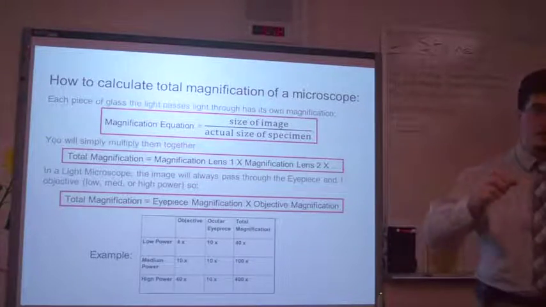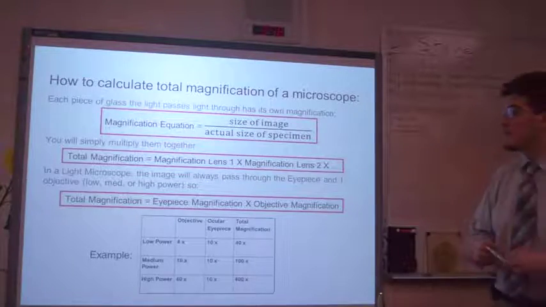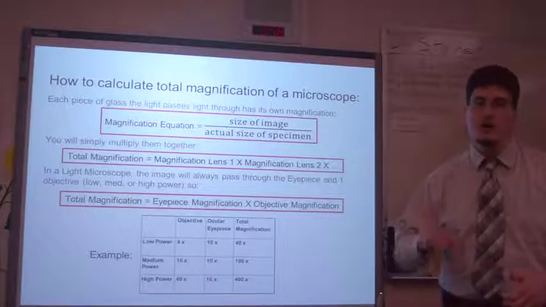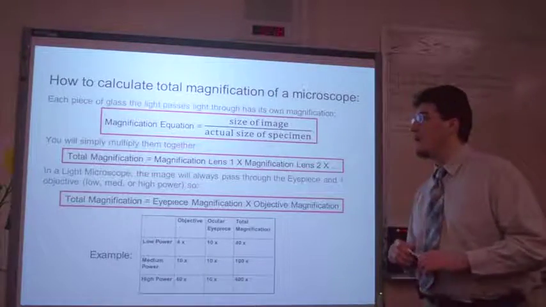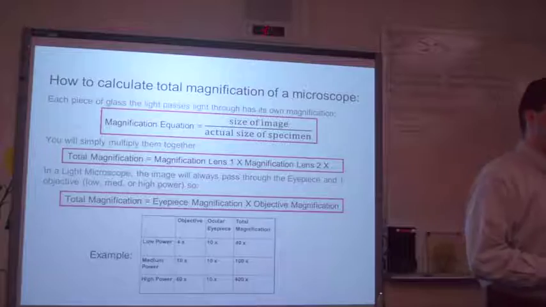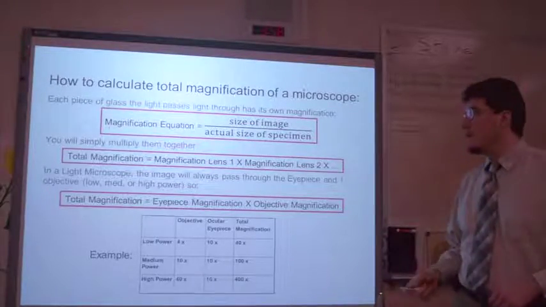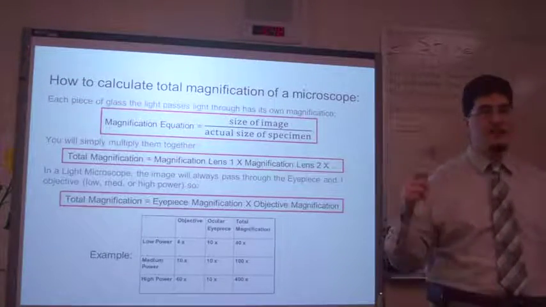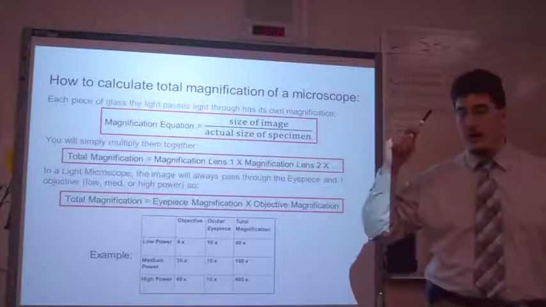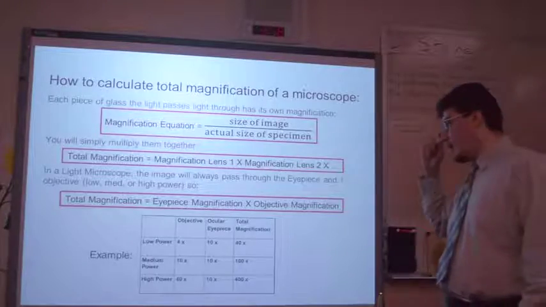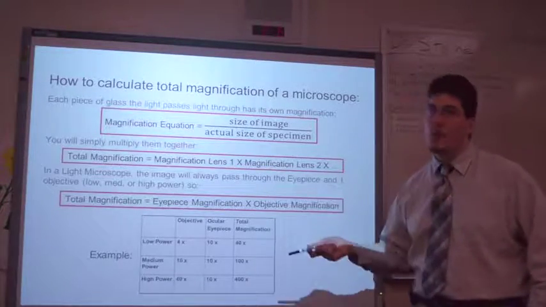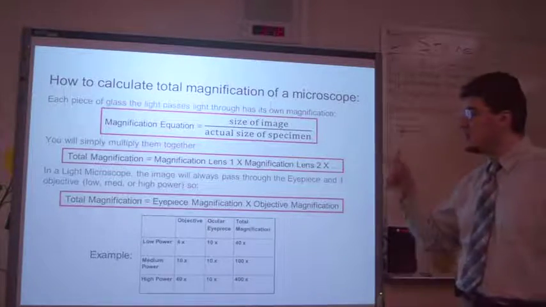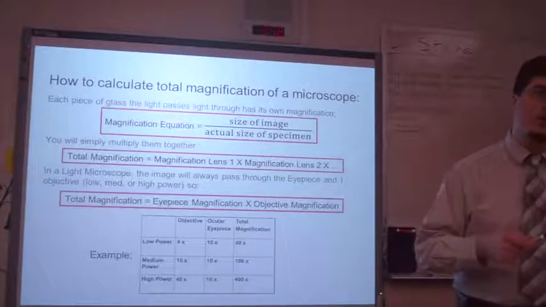So whatever the magnification of each one of those is, you multiply each one. So the first one times the next one. So if the magnification of the eyepiece is 10, and the magnification of the low power is 4, then the total magnification is 40, because 10 times 4 is 40.